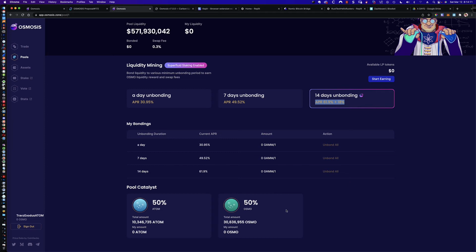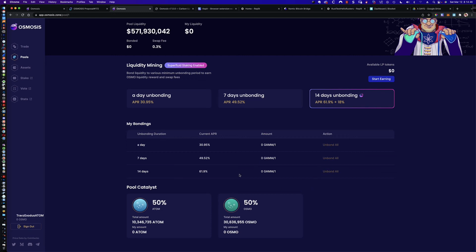However, we're able to earn an APR, a return, on something we were never earning a return on before, which is a derivative out of this LP pair, the derivative being half of this Osmo. And when you look at this 14-day bonding period here, that 80% is reflective of you earning it across all of the eligible assets in the pool. And eligible assets are your LP tokens down here, and then half of that Osmo.